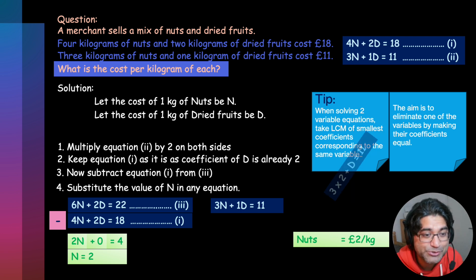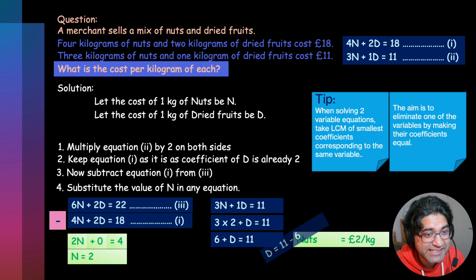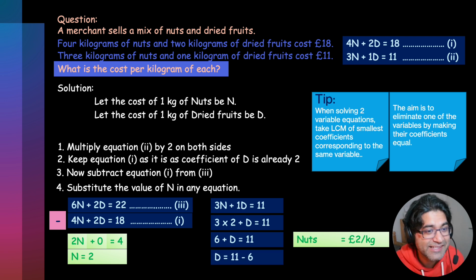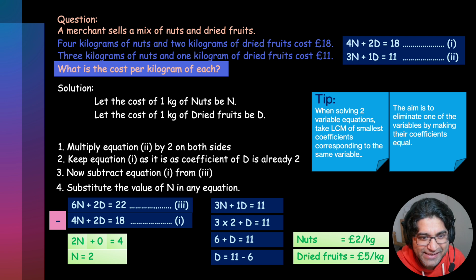And when I substitute the value of n, it makes it 3 times 2 plus d equal to 11, which is nothing but 6 plus d equal to 11, nothing but d equal to 11 minus 6. And that gives me dried fruits equal to 5 pounds per kg. 11 minus 6 is 5. So now I've got n equal to 2, d equal to 5. This is my final answer.